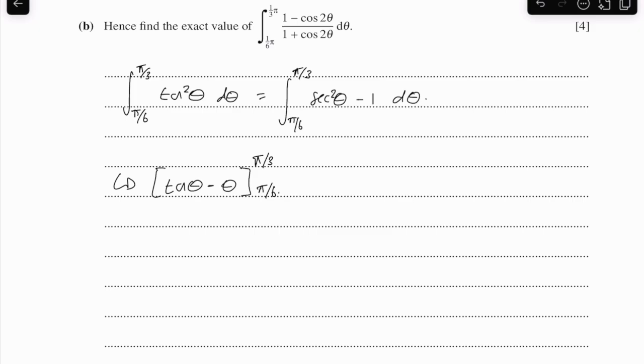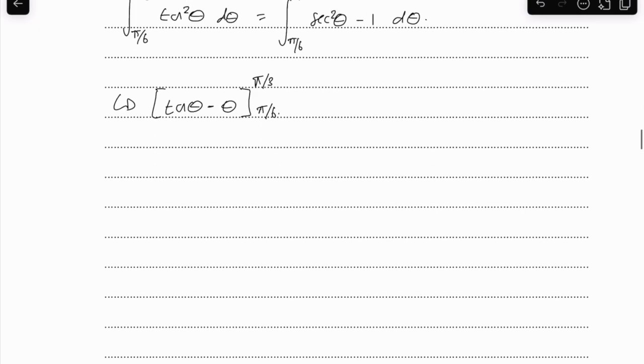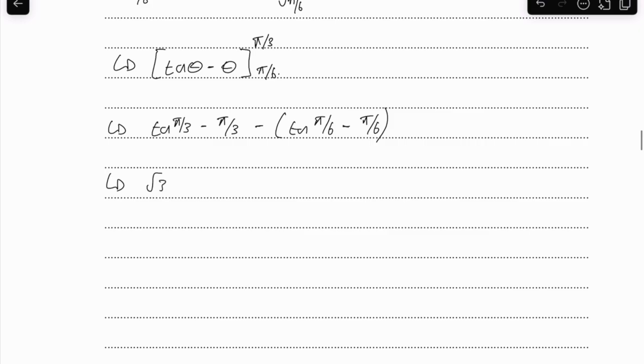Okay, now it's just a simple case of plugging in. Right, so if we plug in tan pi over 3 minus pi over 3 minus tan pi over 6 minus pi over 6, which gives us root 3 minus pi over 3 minus 1 over root 3 plus pi over 6.